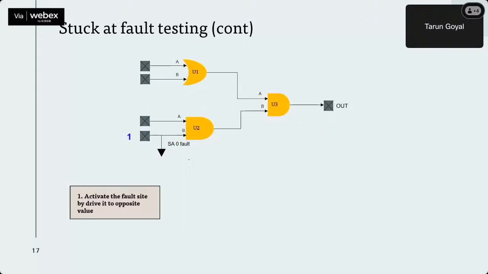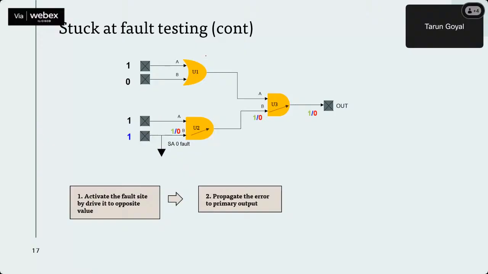Let's take an example. We start applying a vector, where any one input is 1. We apply 1 1, but this line was stuck at 0. We expect this to come 1, this to come 1, and the output to be 1. The green is the expectation, but what we receive is red, which is 0 because of the stuck-at fault.